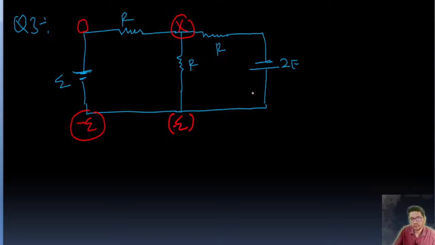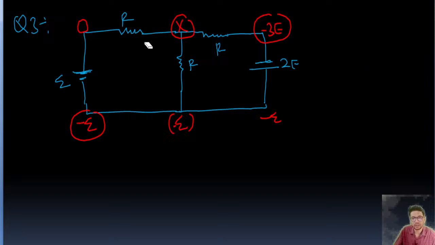And here this is going to be minus E and minus 3E, because if you subtract minus E minus 3E, this is going to be plus 2E. So here you have to be very careful.